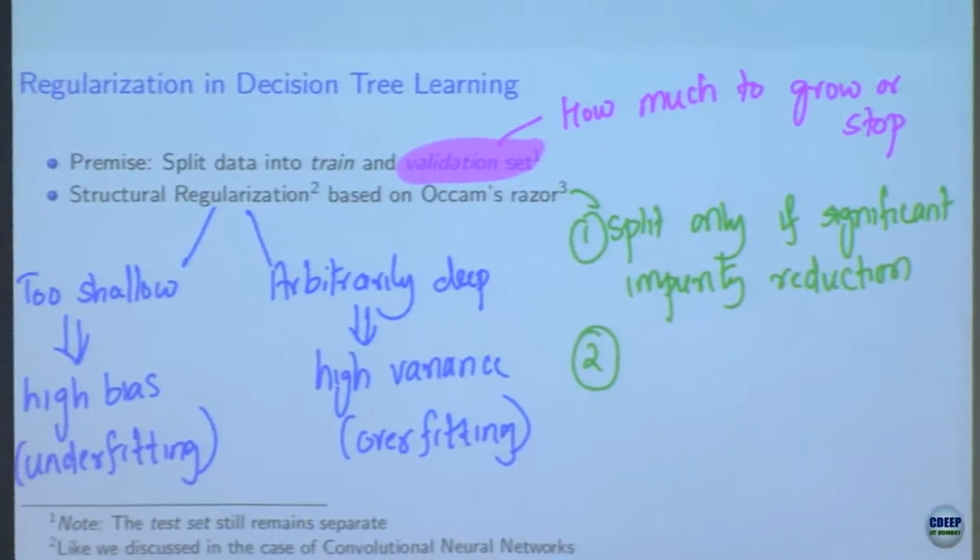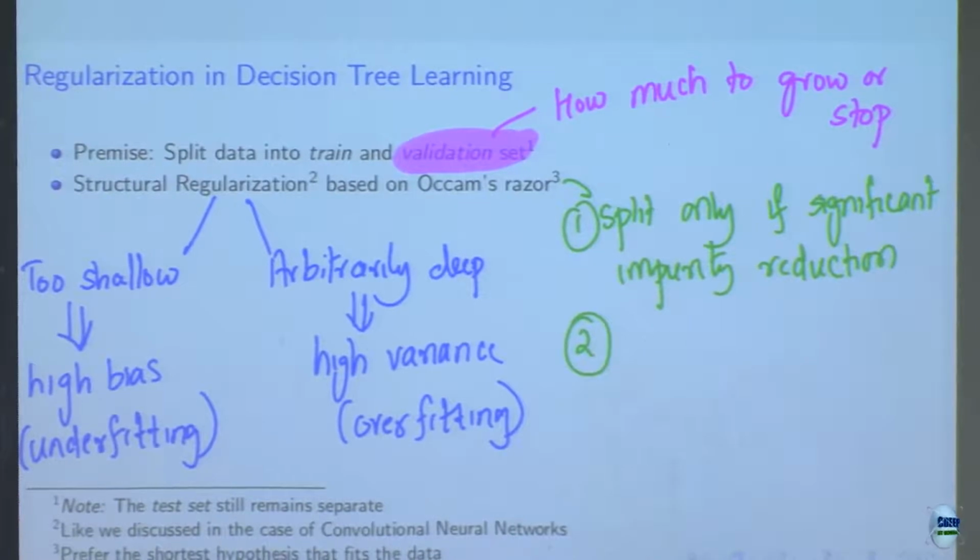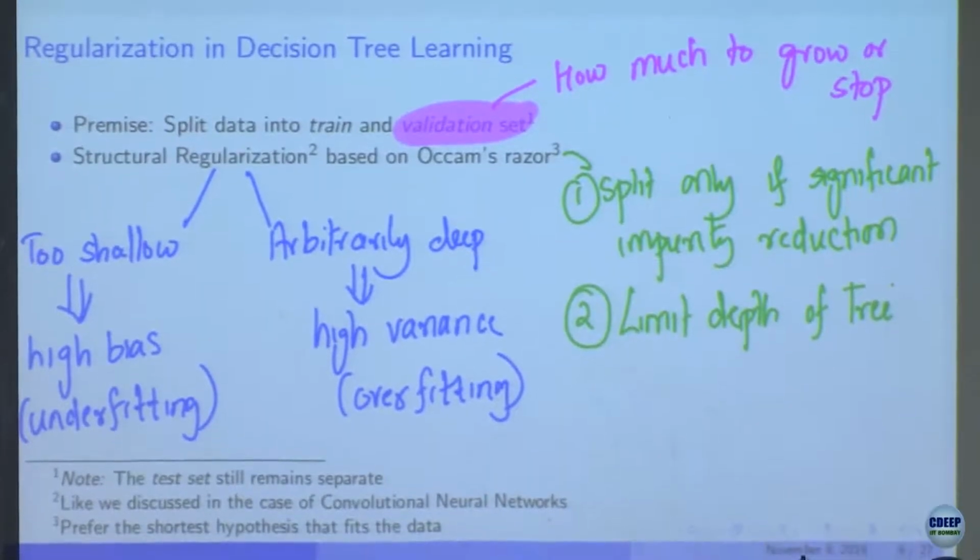But then any other, limit the depth of the tree. But I must tell you that because it's greedy, if I limit the depth arbitrarily, it may happen. I wanted to show in that applet a very interesting example.